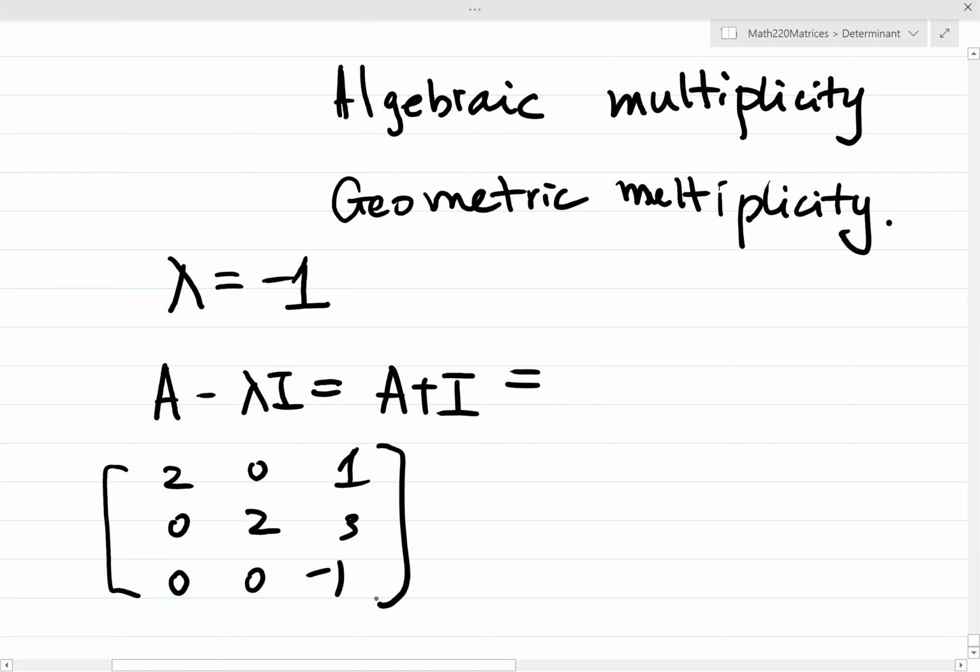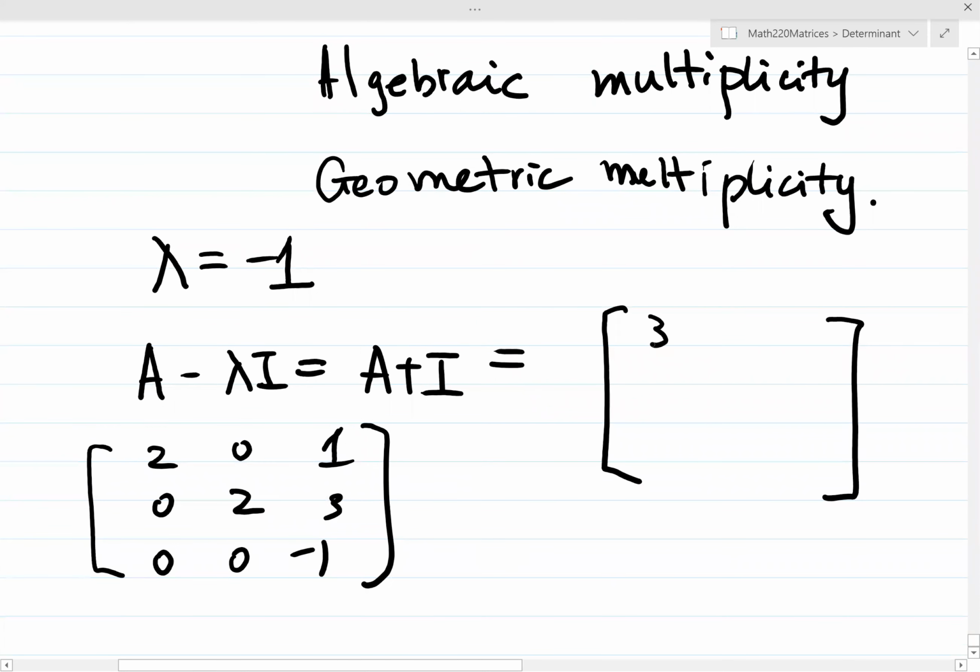So A plus I adds 1 to every entry on the main diagonal, giving 3, 3, 0, then 3 here and 1 here, and all other entries 0.